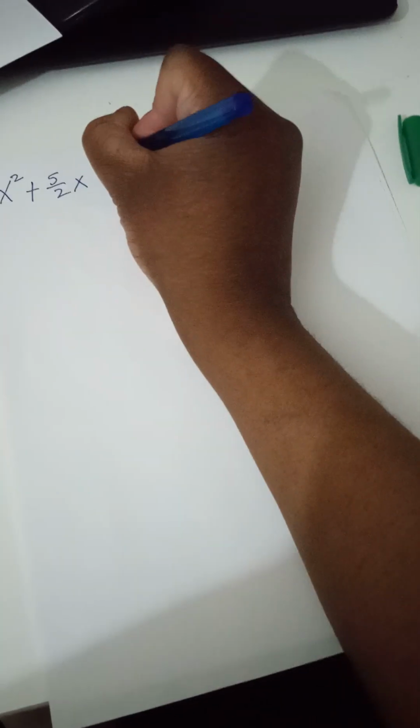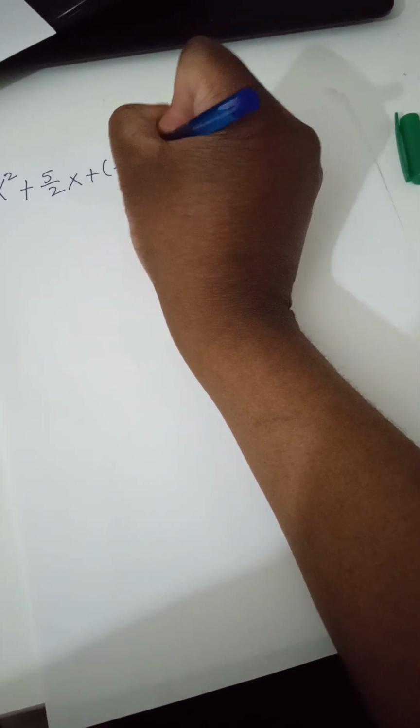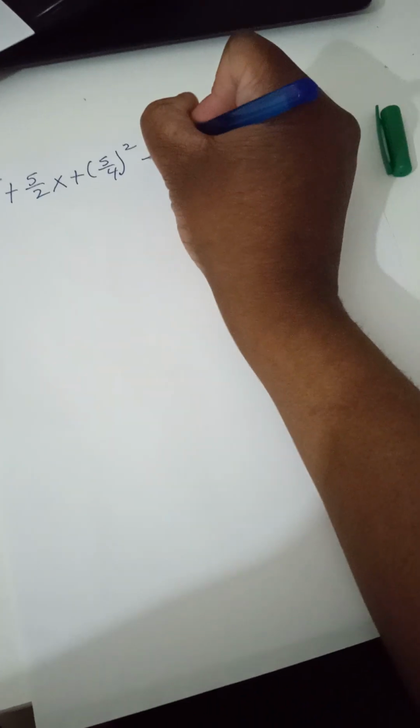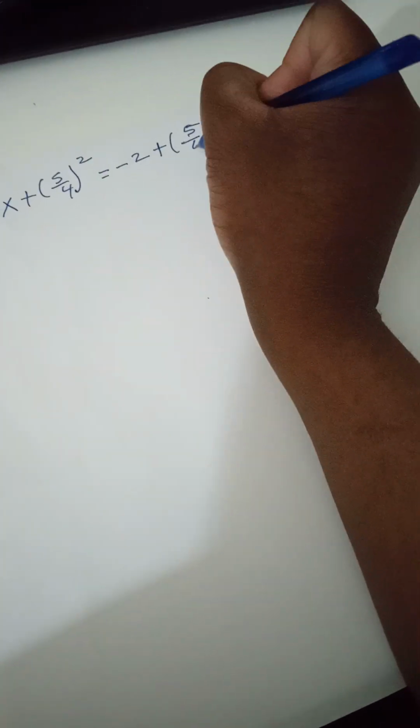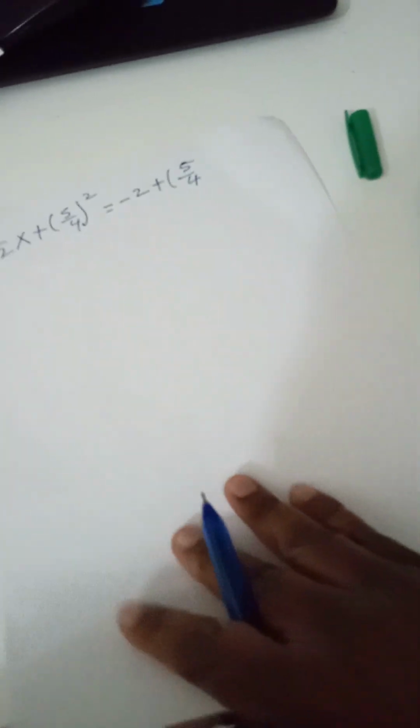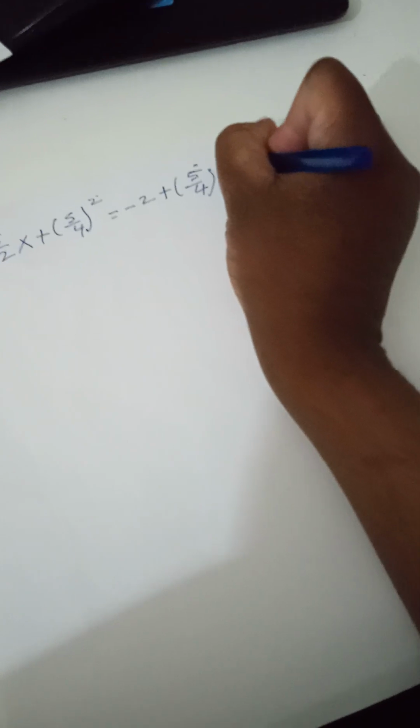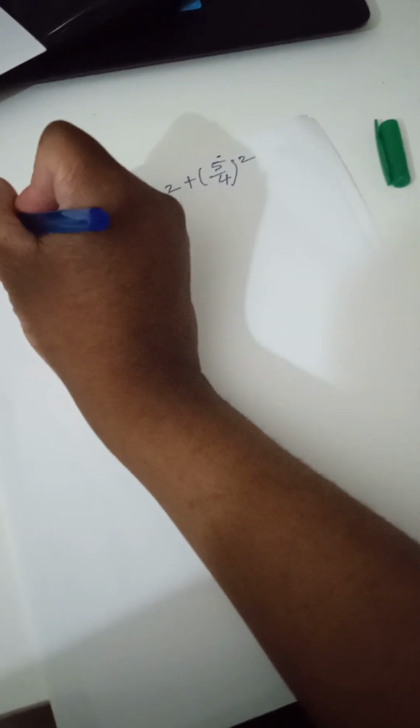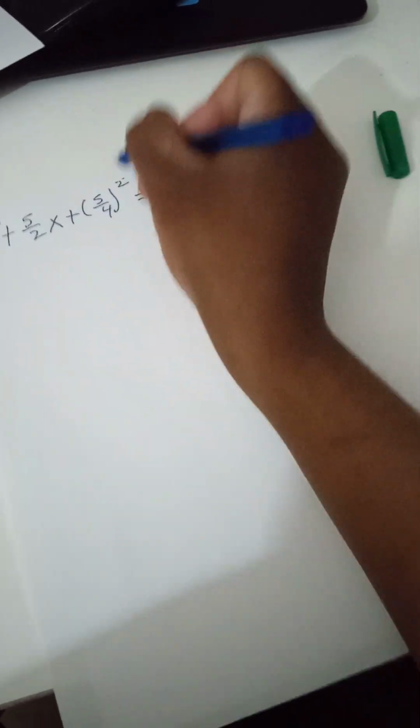So we'll start where we left off on the previous page. So x squared plus 5 halves x plus 5 divided by 4 squared is equal to negative 2 plus 5/4 squared. So we look at the powers on the left hand side.